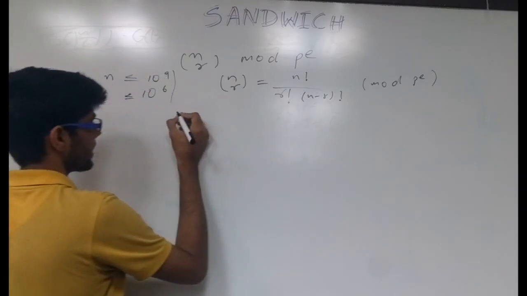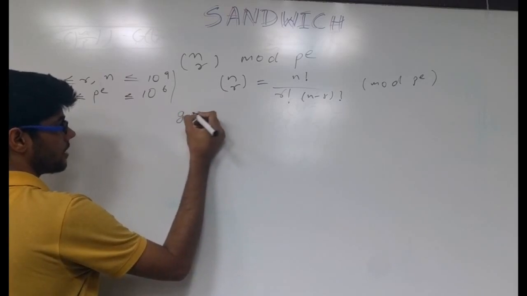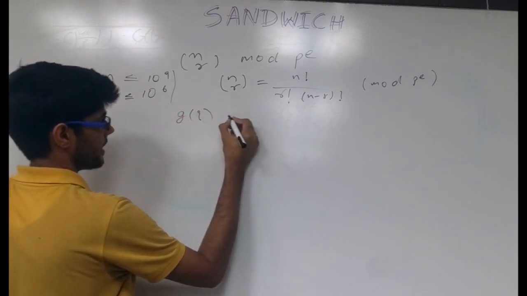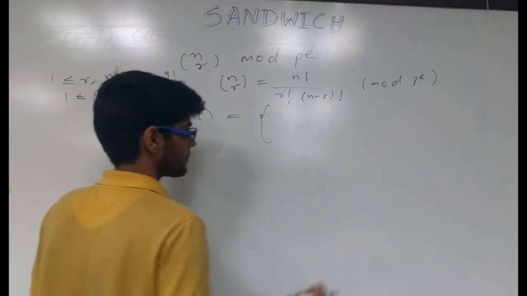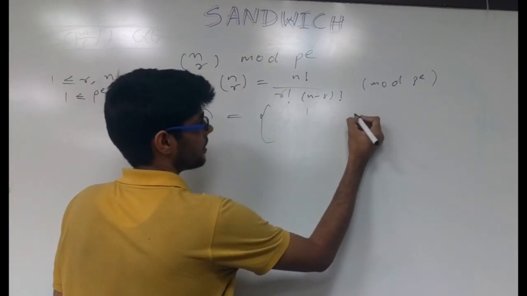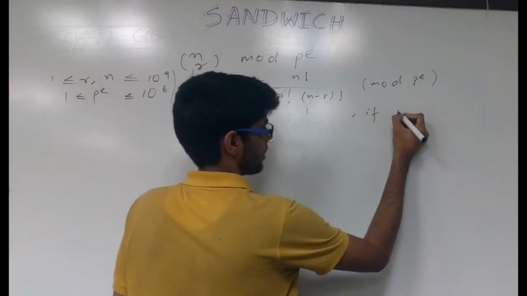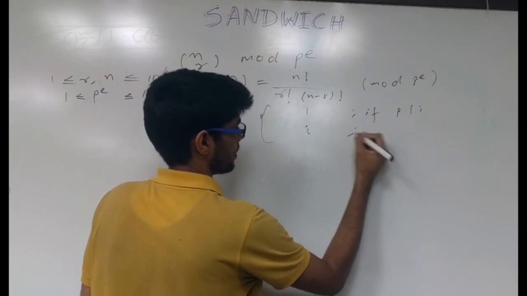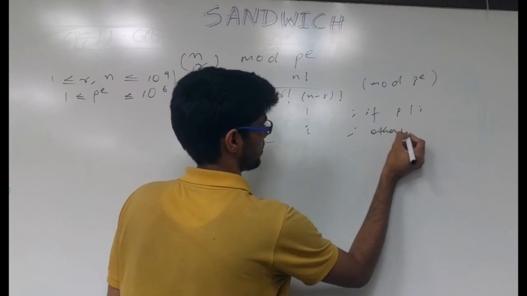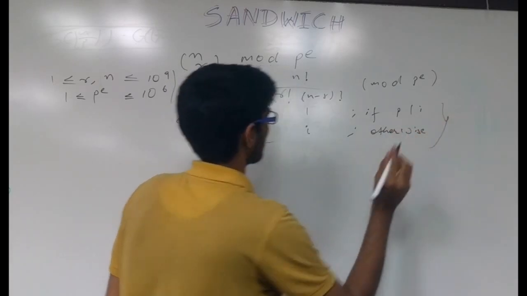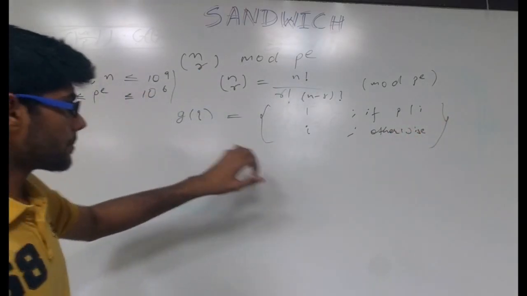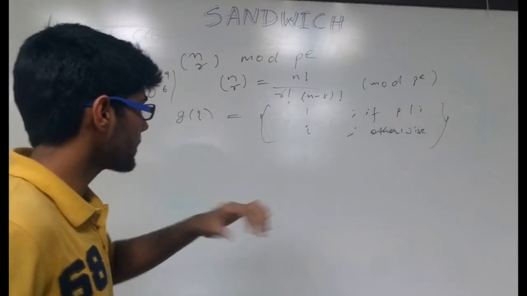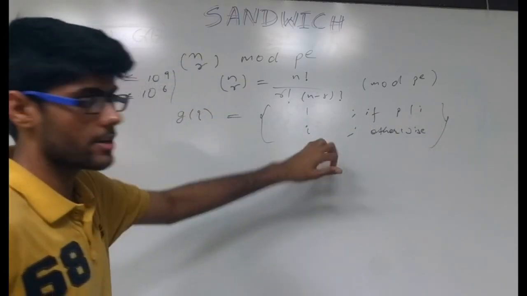Let's say g of i is equal to 1 if p divides i, and i otherwise. So if p divides i, then g of i is equal to 1, and if p does not divide i, then g of i is equal to i.